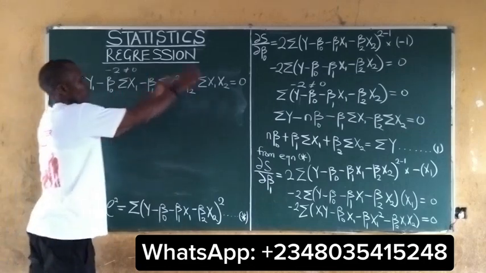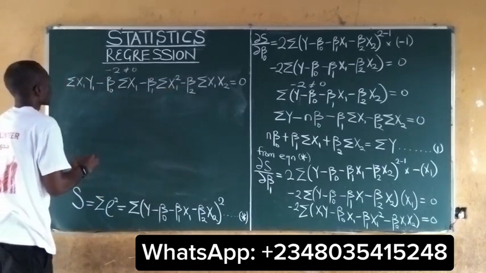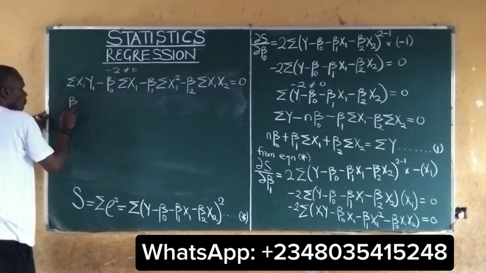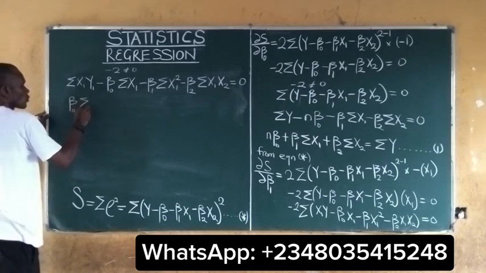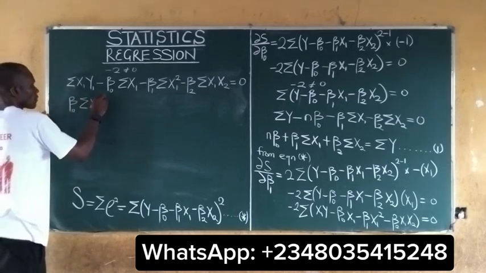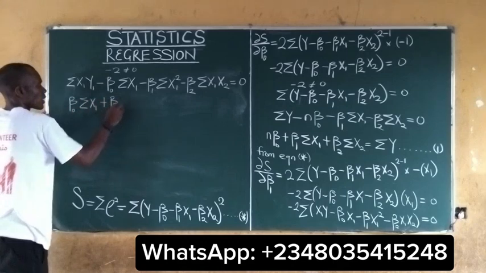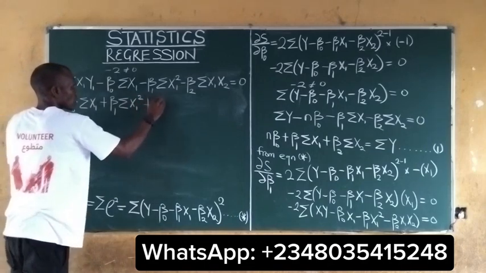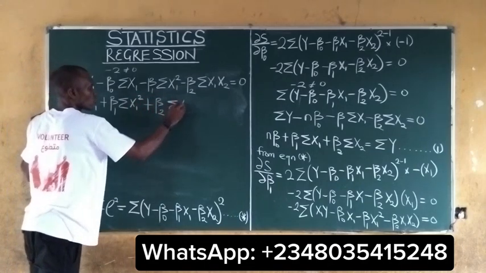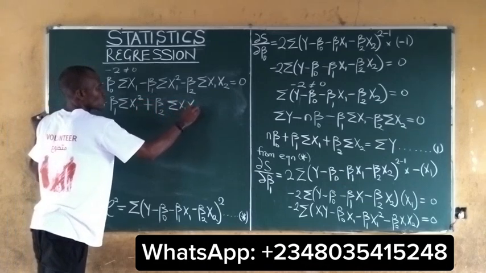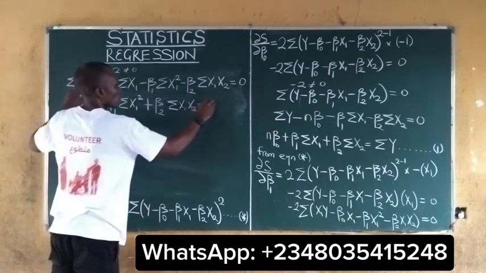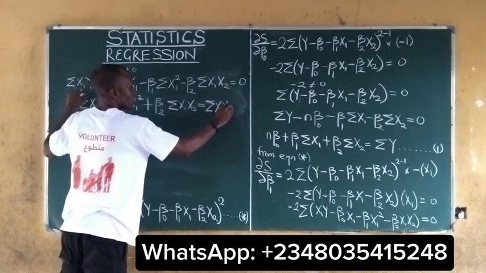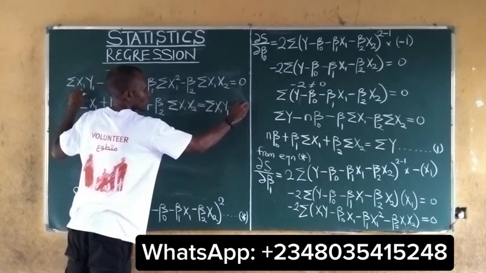We can push this over to this side to give us B0 summation X1 plus B1 summation X1 squared plus B2 summation X1 X2 equal to the summation of X1 Y. This is our equation 2.